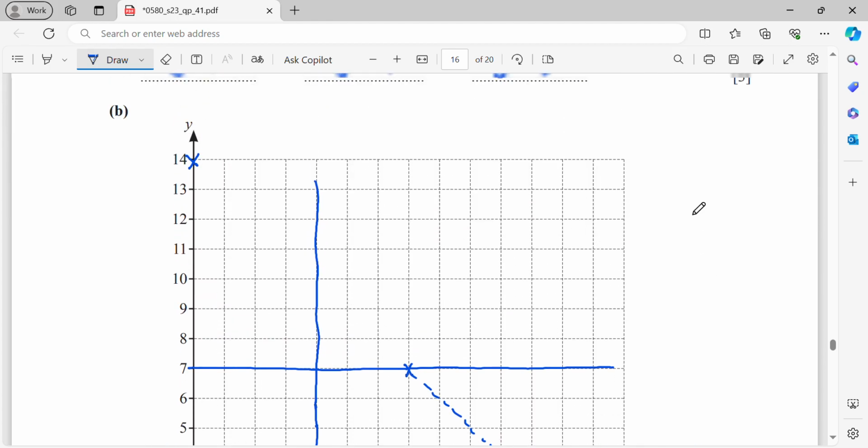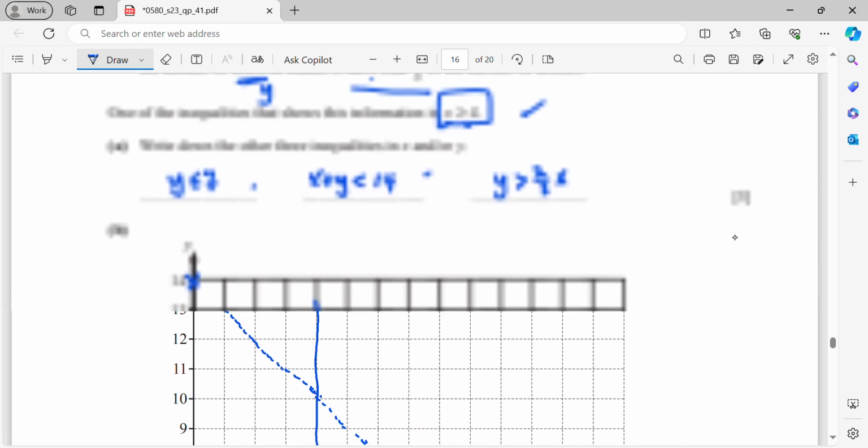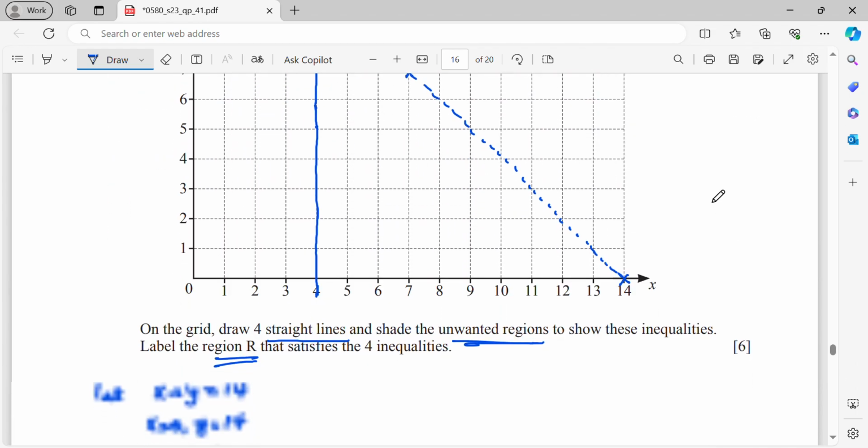Okay, so then y is greater than 2 over 3x. So let y equal 2 over 3x first. When x is 0, your y is 0.